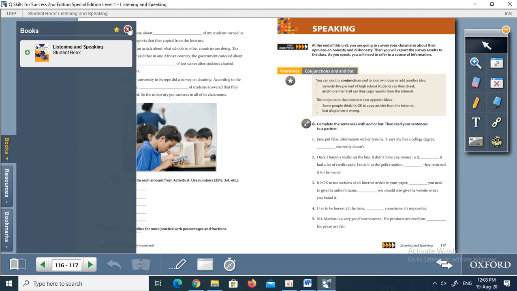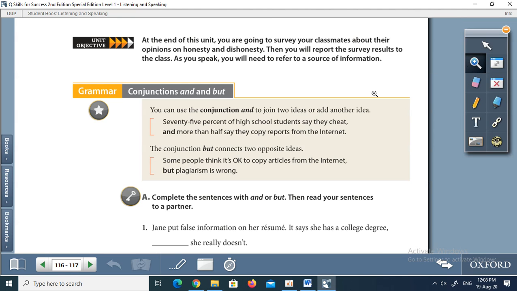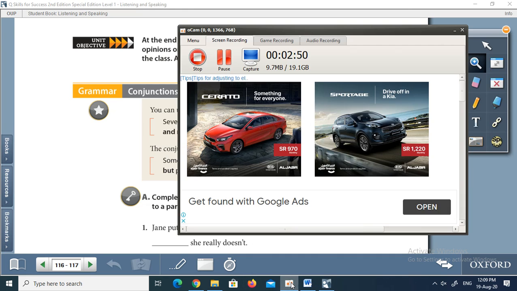Okay, everybody, you should be on page 117, and the section we are looking at looks like this: grammar, conjunctions, and but.